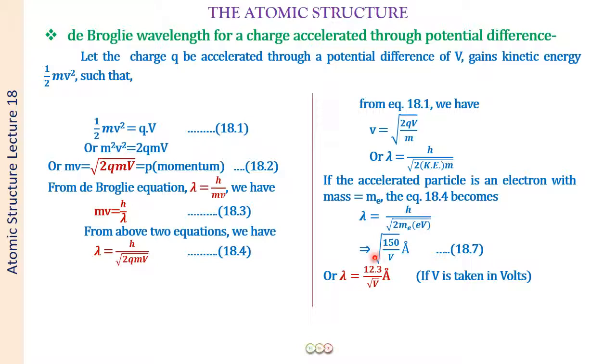Calculate it, you will get this as under root of 150 by V Angstrom, or it is approximately 12.3 by under root V Angstrom. So if you know this, you can calculate the wavelength if you know the potential difference, or the potential difference if you know the wavelength, very quickly. That is going to be in a fraction of a second. So I hope this will really help you. So please do remember them and keep on revising such things.